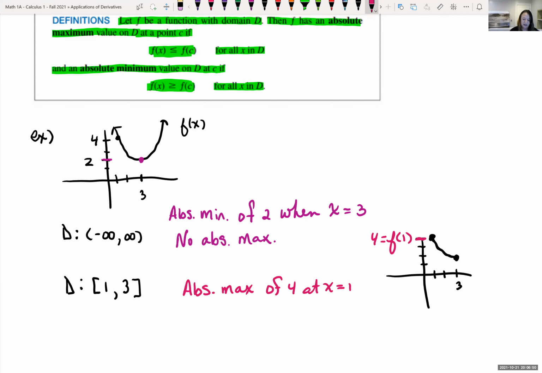And our smallest y value that we get back is f of 3, which gives us a y value of 2. So we have an absolute min of 2 at x equals 3.